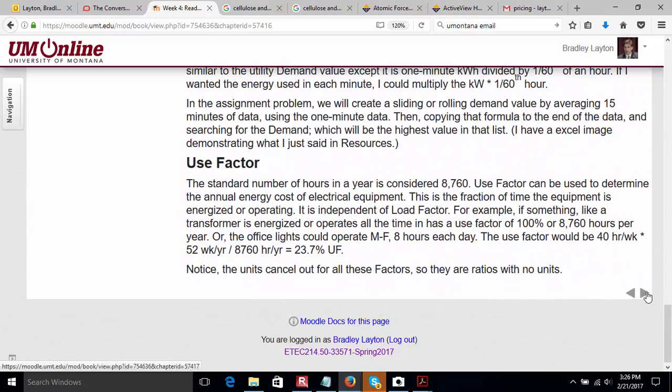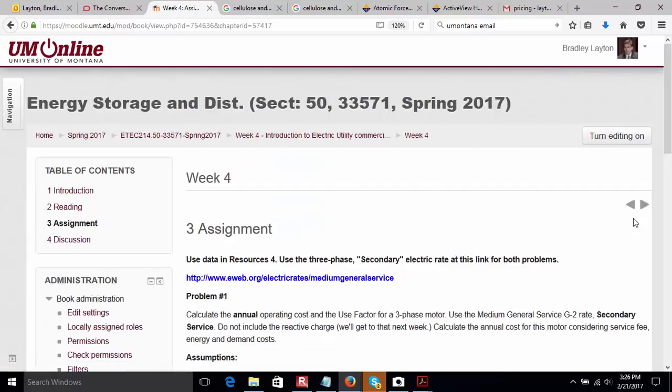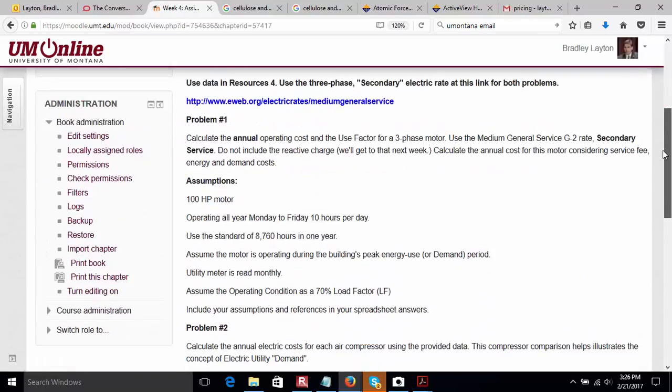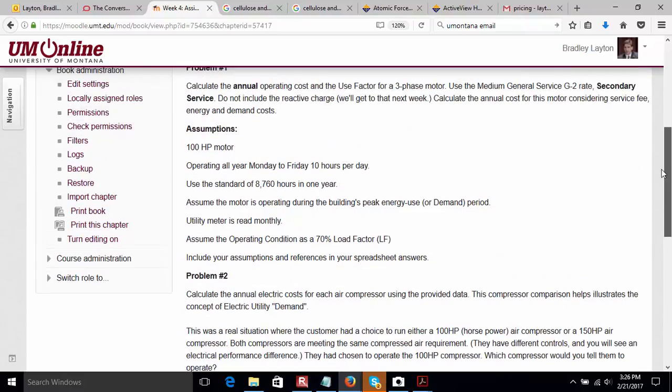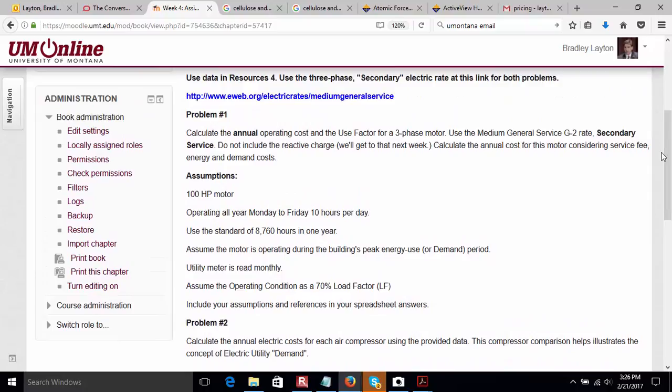Use factor, some nice definitions there. Okay, problem 2. Actually, no, I take it back. Let's start with problem 1 because problem 2 hinges on problem 1. So let's just look at that guy.